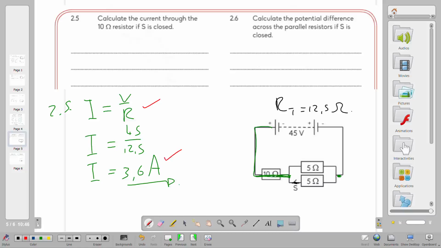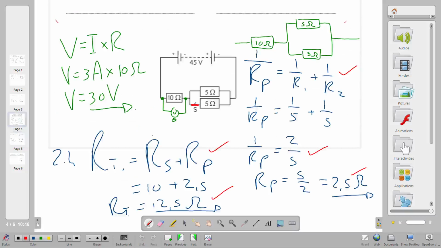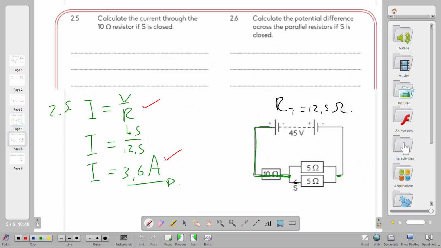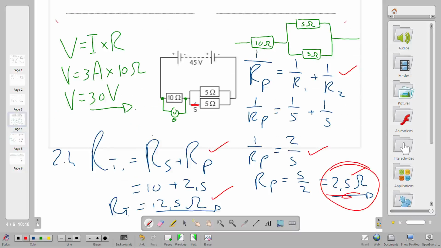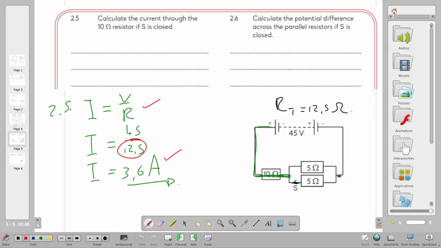If you made a mistake somewhere previously, for example in the previous question I made a mistake calculating the parallel resistance, and here I have a wrong value, we will mark positively following up. So even if you made a mistake there, as long as everything else here is right, you won't lose marks for using the wrong value. So just keep working on, and remember that.